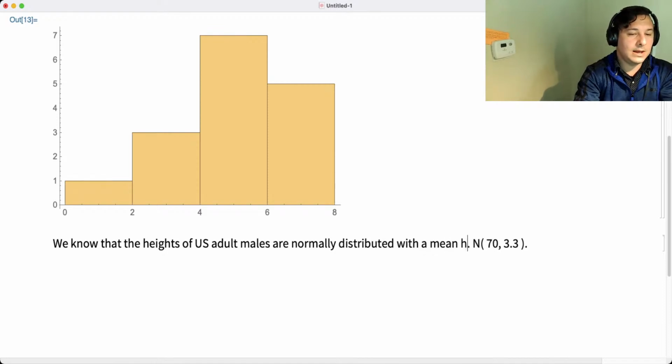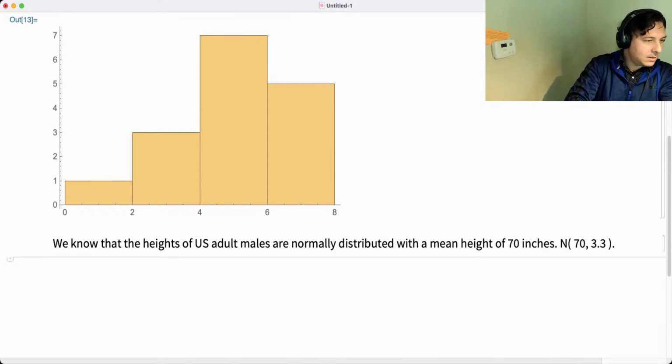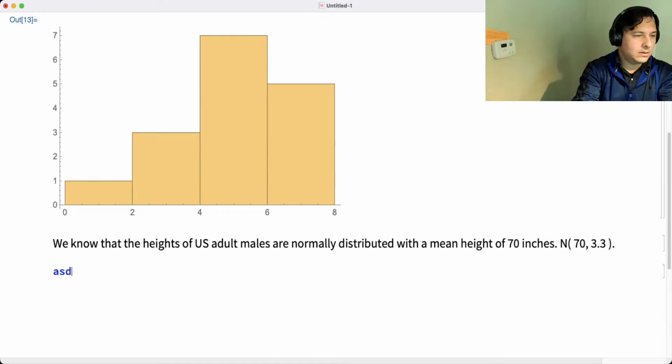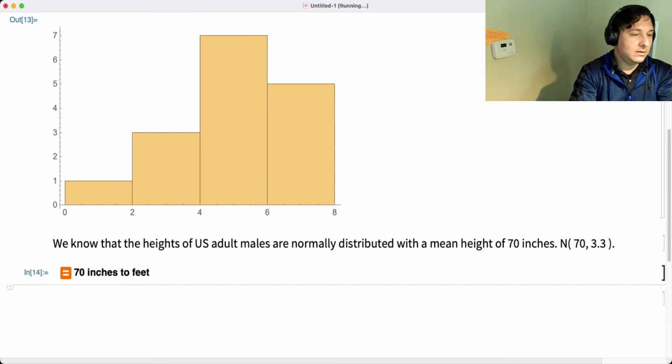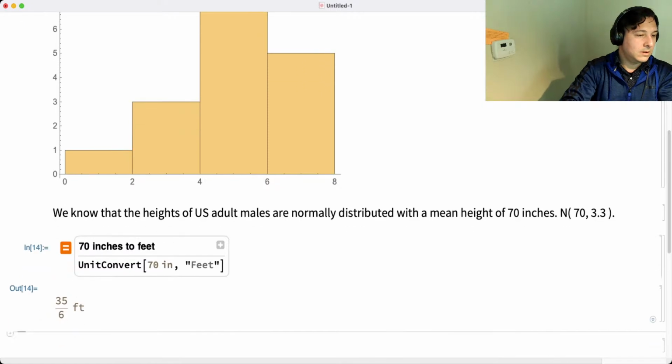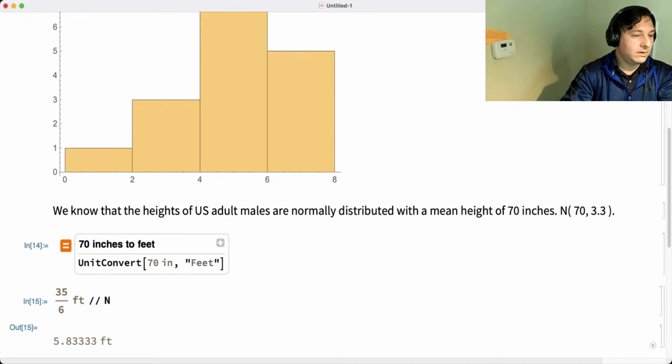So with a mean height of 70 inches, Wolfram can do some cool stuff here. Let's do 70 inches to feet. Cool. Okay, not cool. I want that as a number. 5.8 feet tall. Okay, cool.